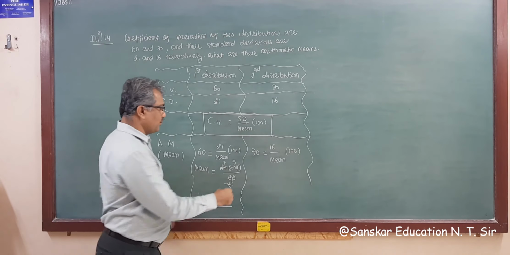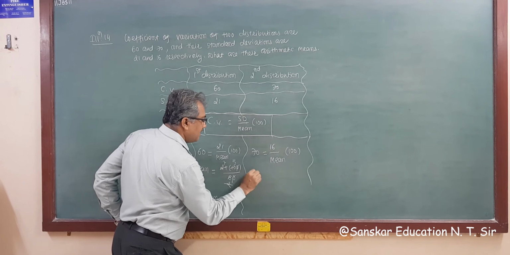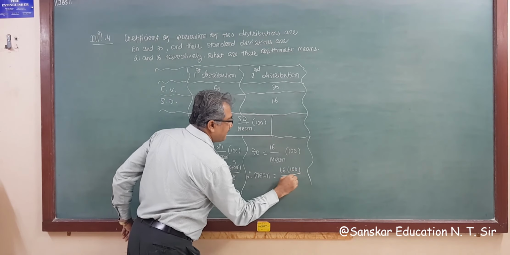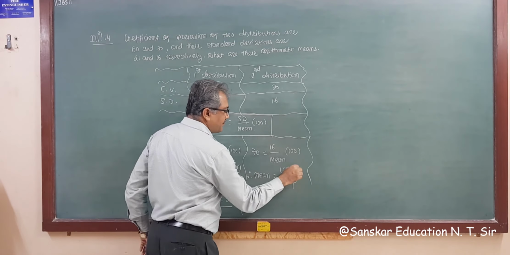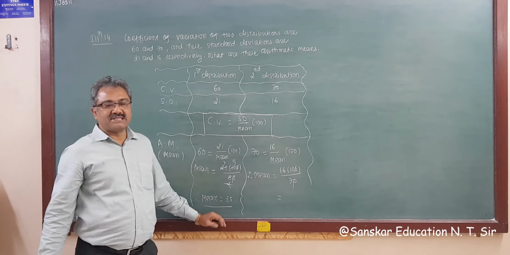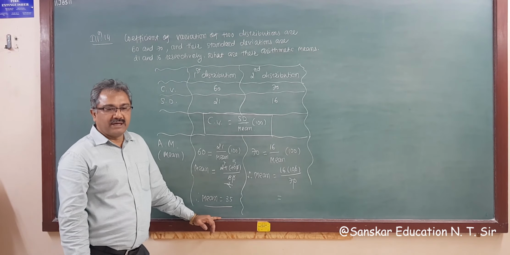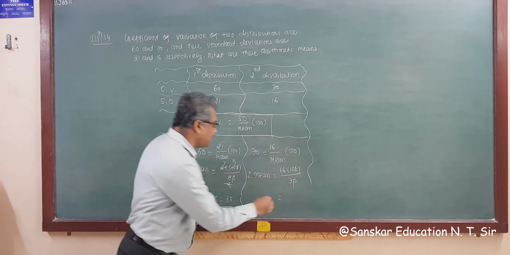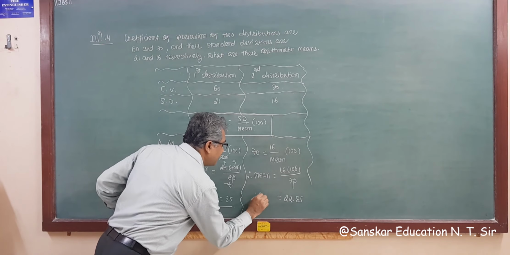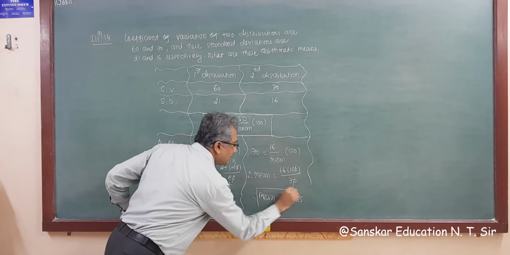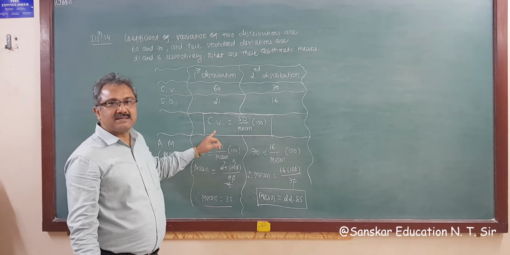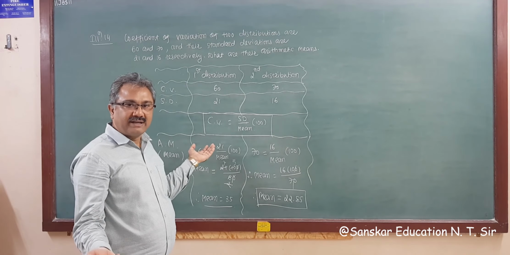Making mean the subject, mean is equal to 16 into 100 divided by 70. This 0 will cut, that is 160 upon 7, that means 22.85. So the second mean is 22.85. This is your second answer. Got it? So these are very easy examples. Do practice at home. You can solve them very easily.